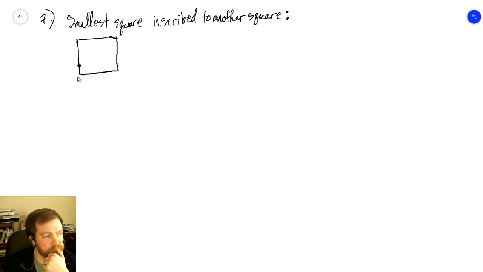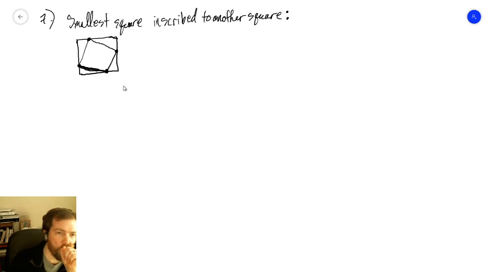Alright, so if we just look at it, you can't really have anything that's like this, because that is not actually going to be a square.